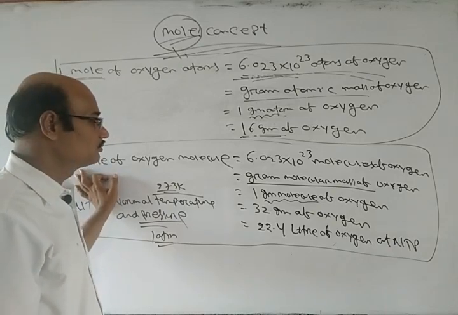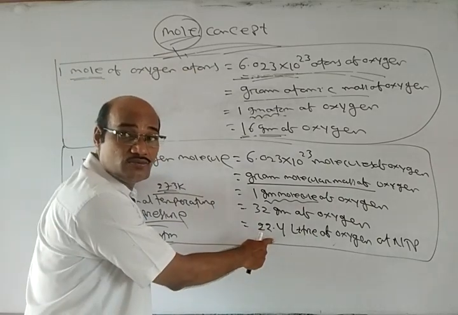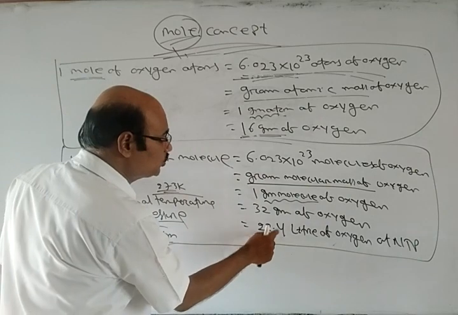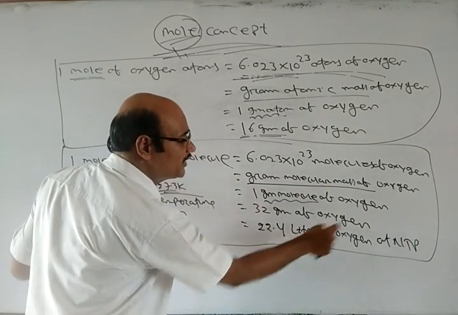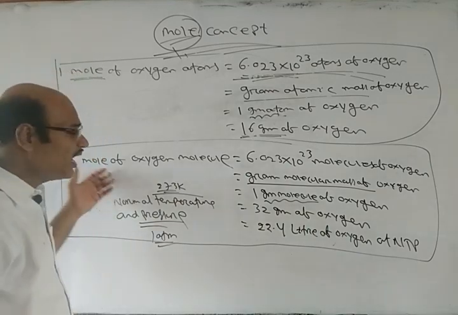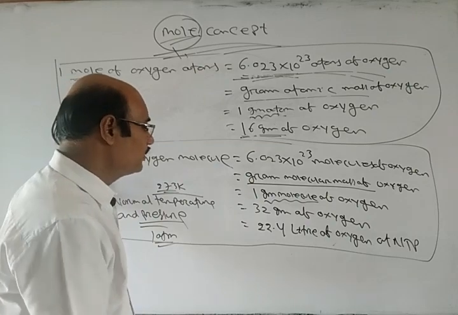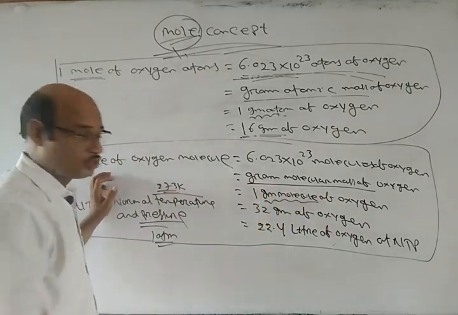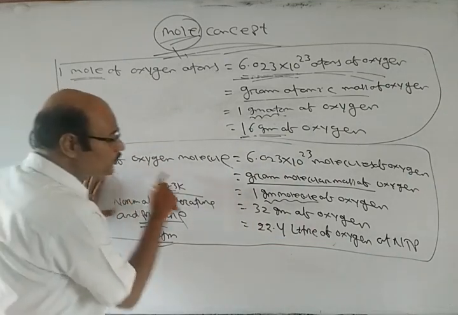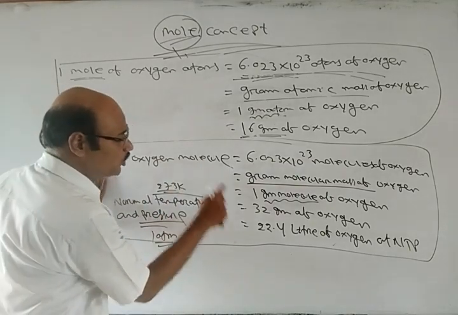Similarly, we can relate mole to volume. 1 mole of oxygen molecules equals how much volume? 22.4 liter of oxygen at NTP. So what will be the volume of oxygen for 3 moles? 22.4 into 3. So we can relate mole to volume.